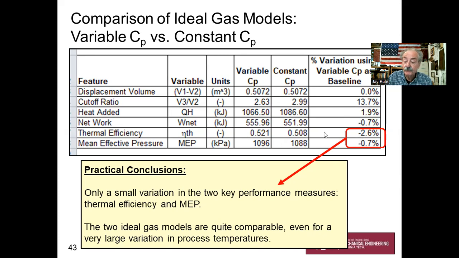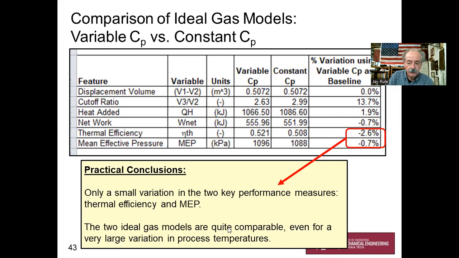So we've used two different approaches. We've done all of the number crunching, and we get only a 3% difference in the numerical result. That's pretty darn good, very satisfying. And in mean effective pressure, less than 1% difference between the two measures. So only small variation in the two key performance measures, and these two models are quite comparable.